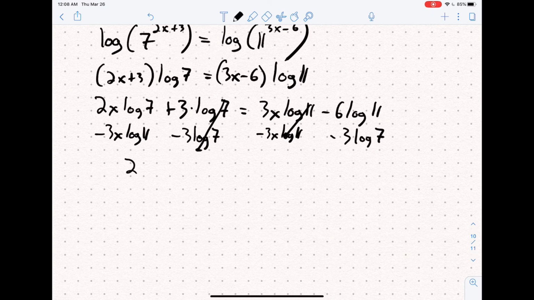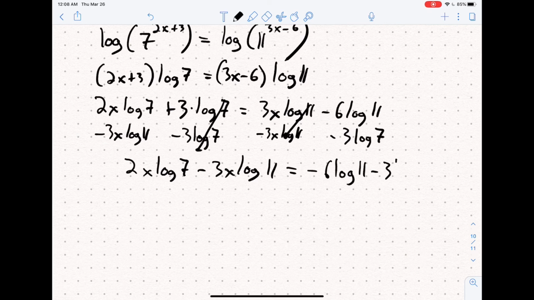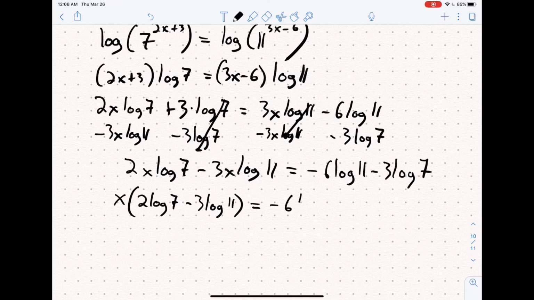On the left, we have 2x log 7 minus 3x log 11, and that's equal on the right to minus 6 log 11 minus 3 log 7. On the left-hand side, we factor out an x. So the x comes in the front, and we have 2 log 7 minus 3 log 11. And on the right-hand side, we still just have minus 6 log 11 minus 3 log 7.